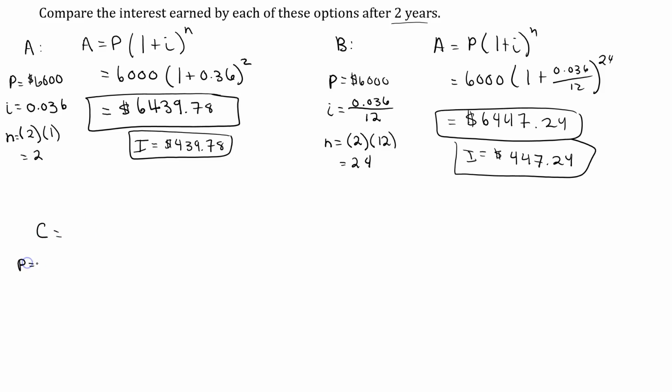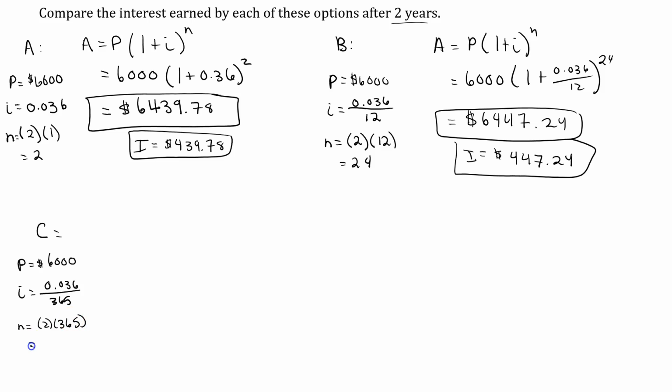So P is still 6,000. i is going to be our annual interest rate, 0.036 divided by 365. I don't want to see what that decimal looks like. Our n is 2 years times 365.